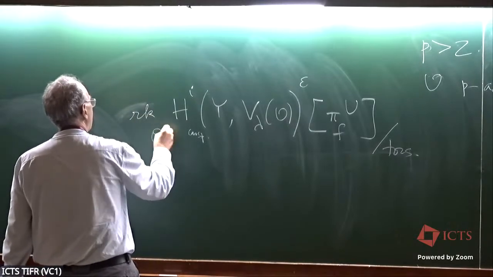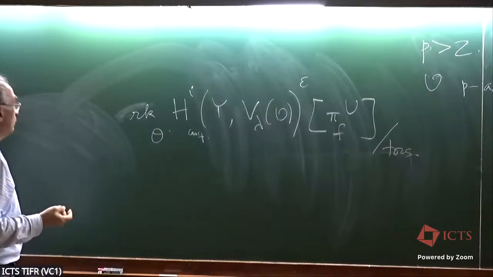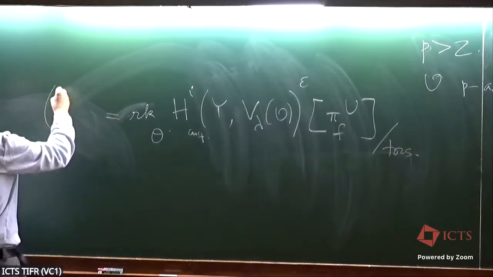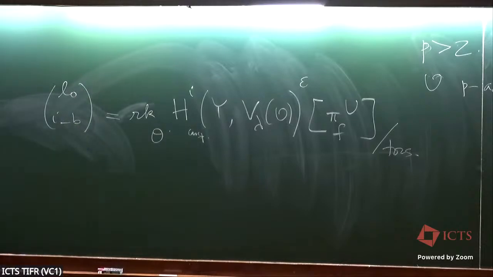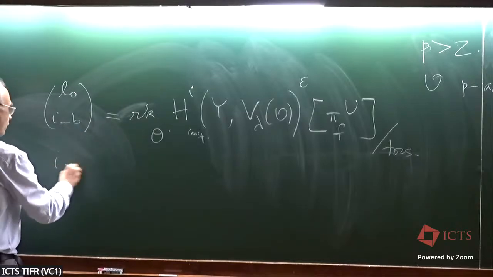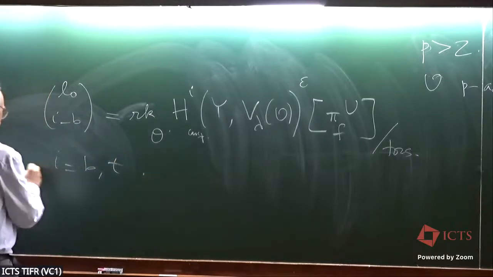This is free of finite rank over O, and this rank is the following number, L0 of i minus bottom, B, i minus bottom, which is 1 for bottom and top, because T minus B is L0. Okay? So this is 1 only if i is B or T.